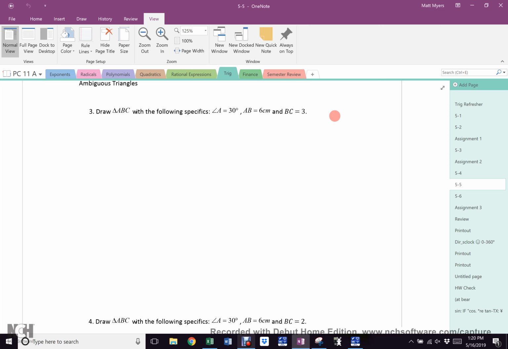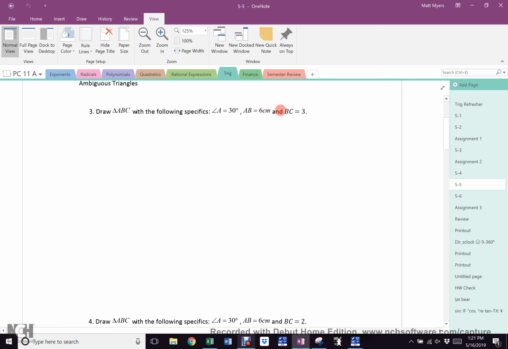All right, so page 171, please, everyone, and we will start by drawing this triangle. Now, please notice that I do not have enough information to draw the whole triangle, do I?